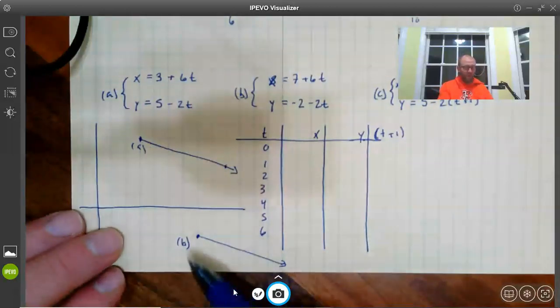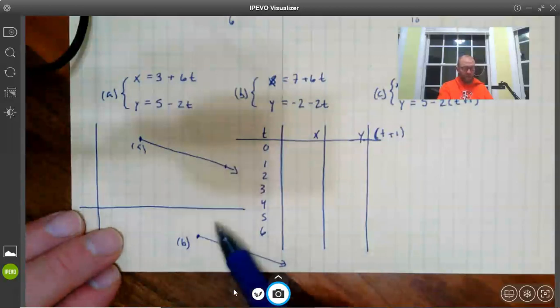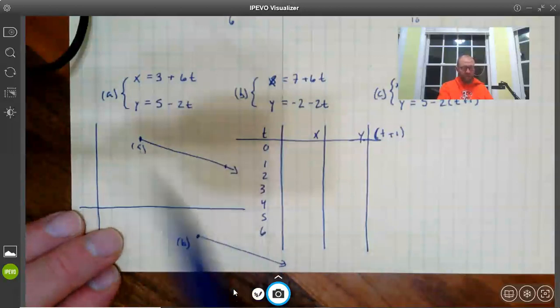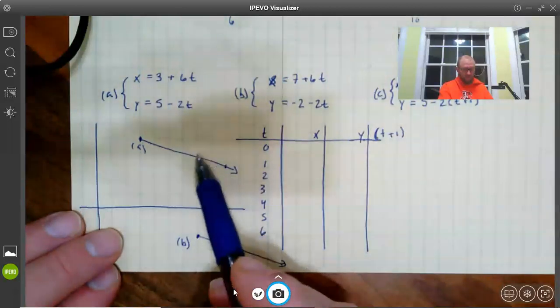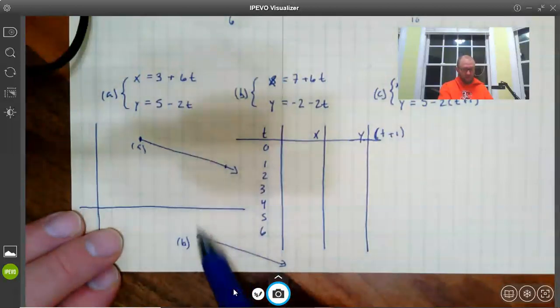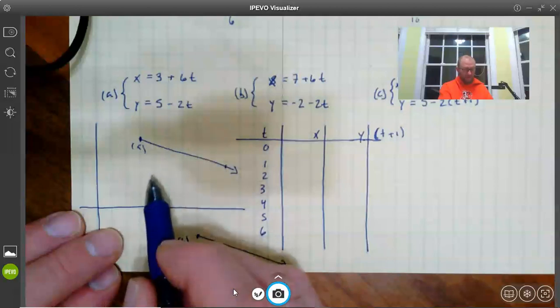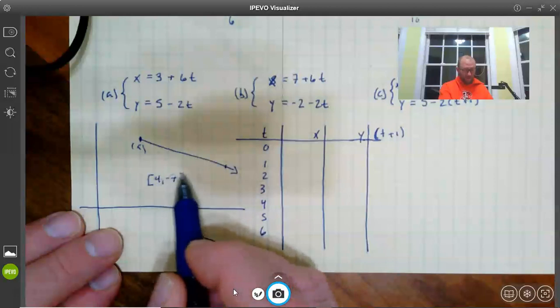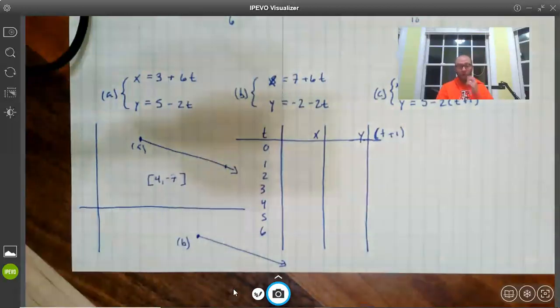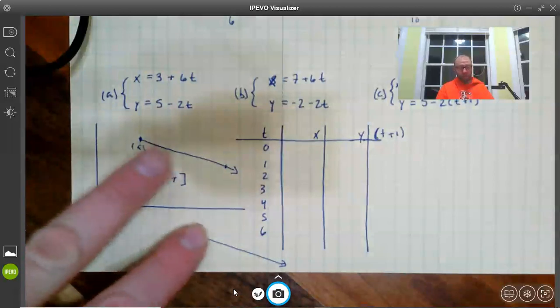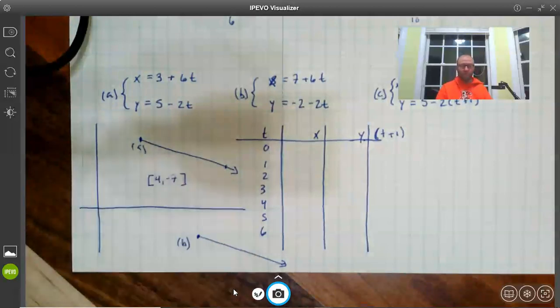You could calculate exactly what the difference between them is going to be, because it's going to be the same as their starting points. 1, 2, 3, 4, 1, 2, 3, 4, 5, 6, 7. So it's always going to be 4, negative 7 to travel from particle A to particle B. And they're going to stay in that relationship all the way.